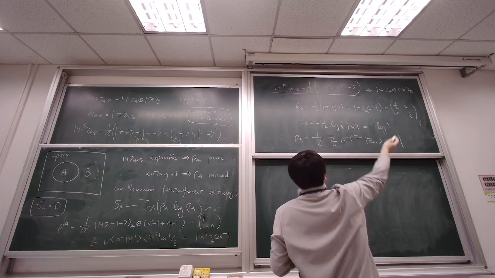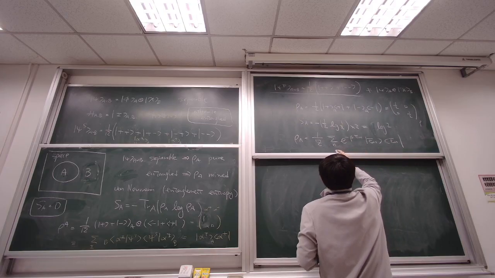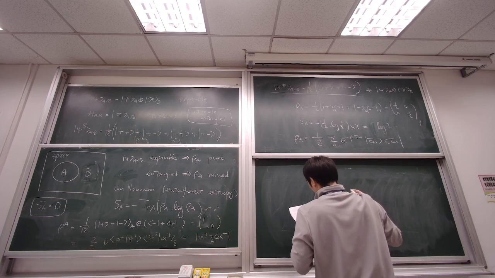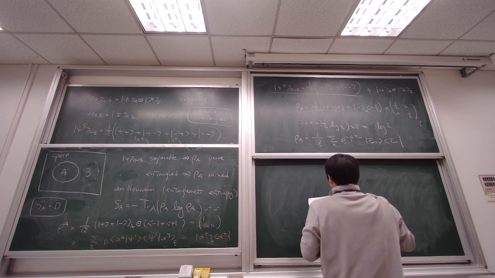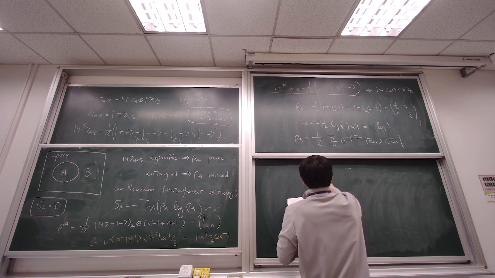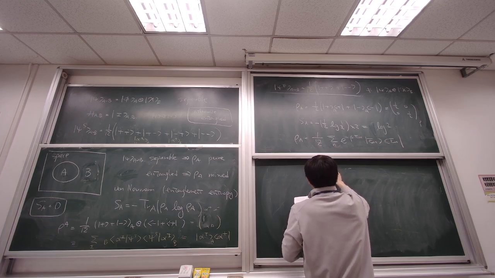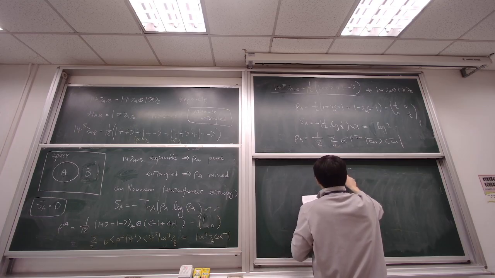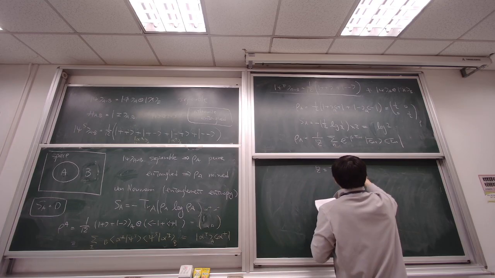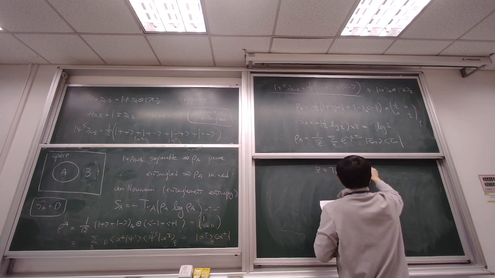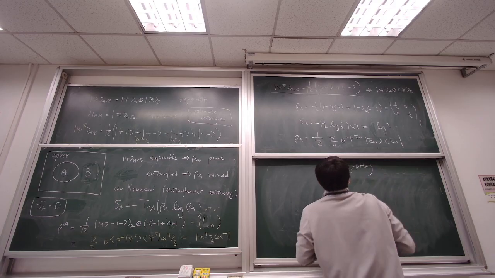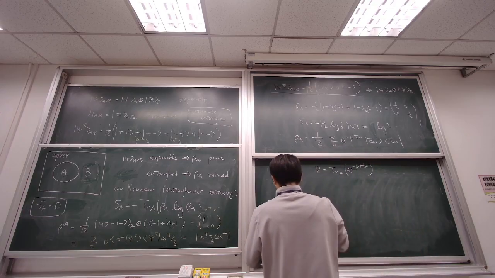So this is the entanglement Hamiltonian. And Z is in fact equal to the trace over A of e to the minus beta H_A, like this.